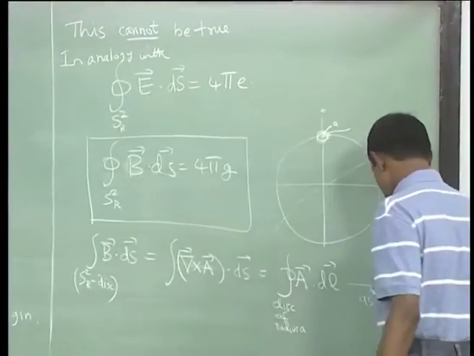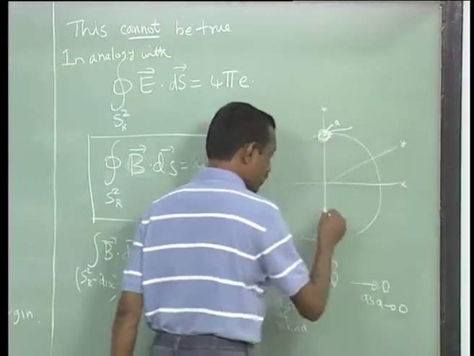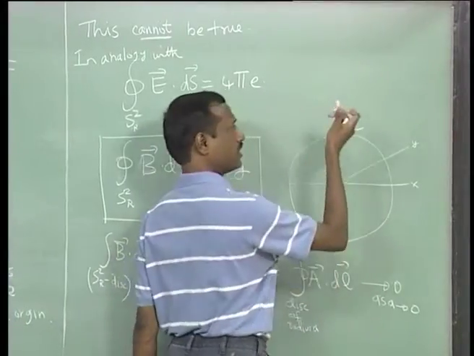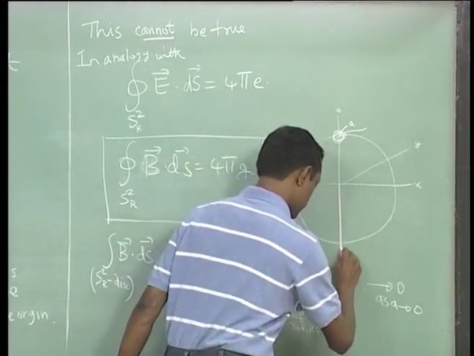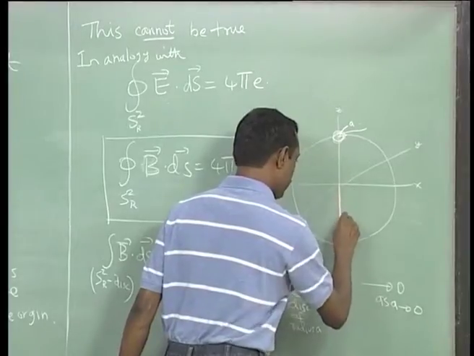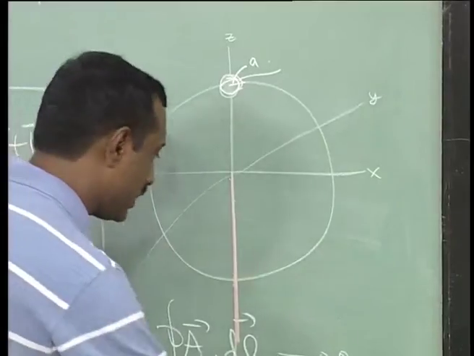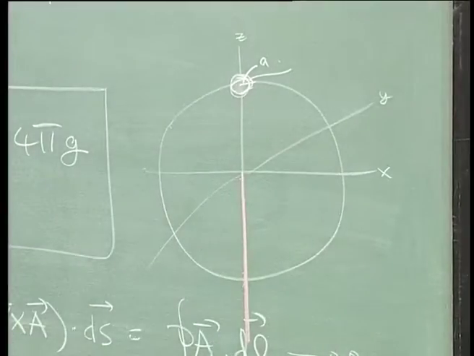So what it says is that the A I have written is messed up at the south pole. And then you can check.